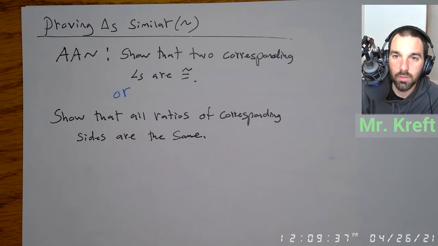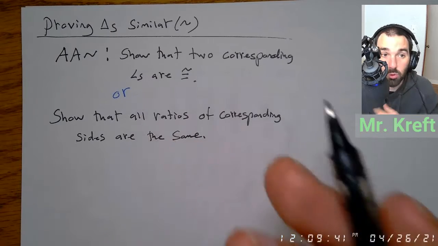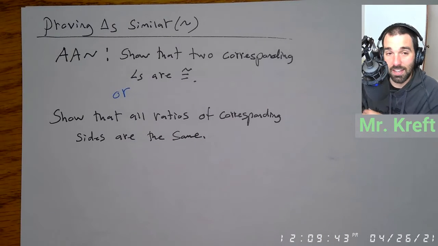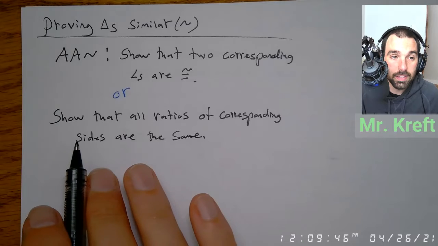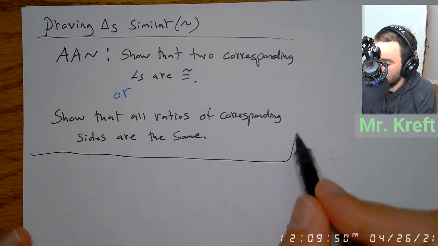So we have those two. We're either showing that two corresponding angles are congruent, so that's AA, or we're showing that all the ratios of corresponding sides are the same.